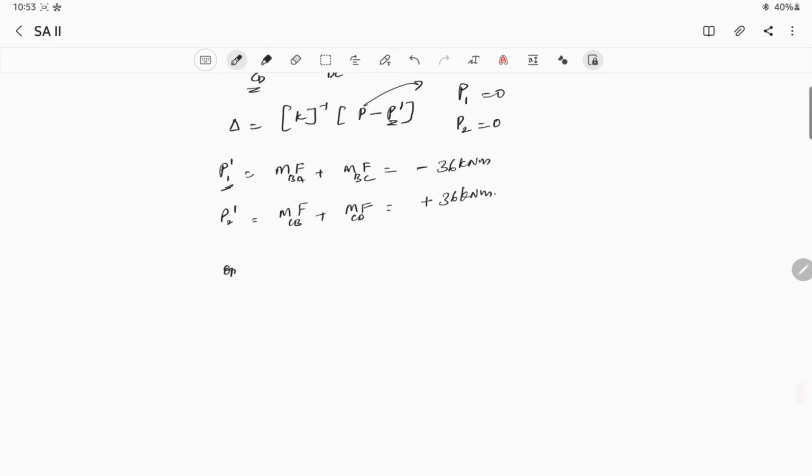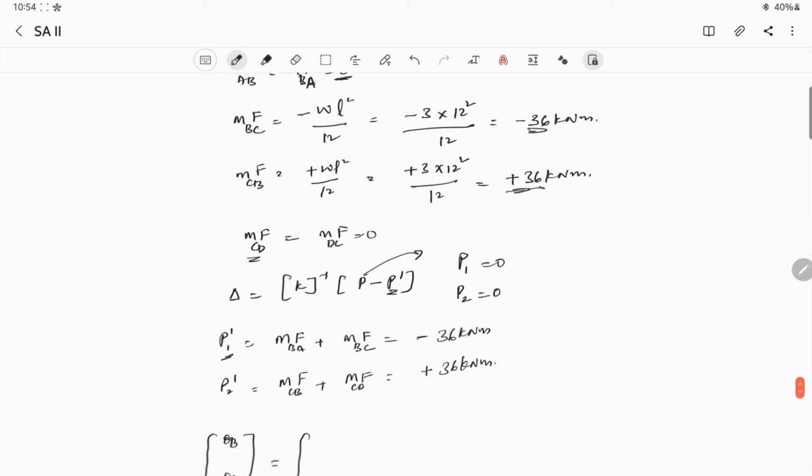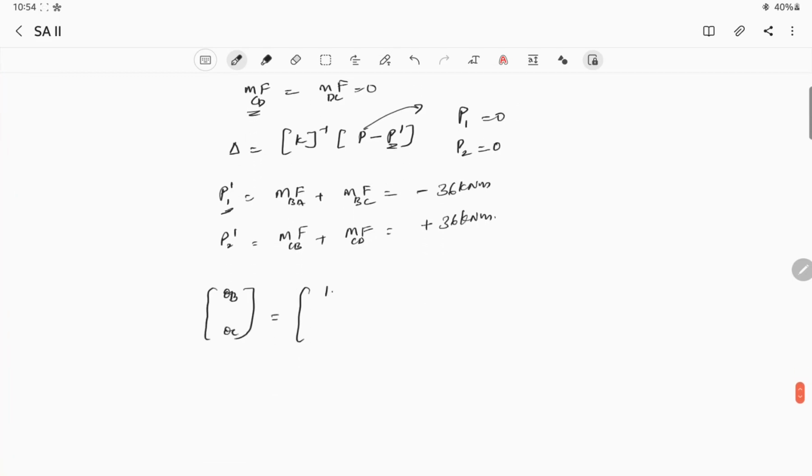Delta, that is theta B and theta C, is equal to inverse of stiffness matrix. What are the values of the stiffness matrix we got? 1.13 EI, 0.16 EI, 0.16 EI and 1.13 EI.